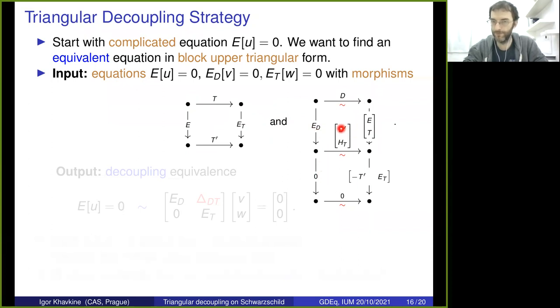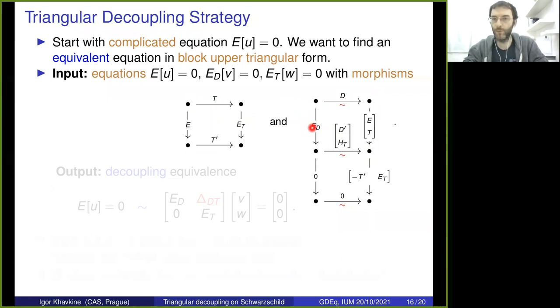So let me try to explain it. On one side, you have a new, again smaller operator, which would be the second diagonal block. So this would be one diagonal block. This would be the second diagonal block.